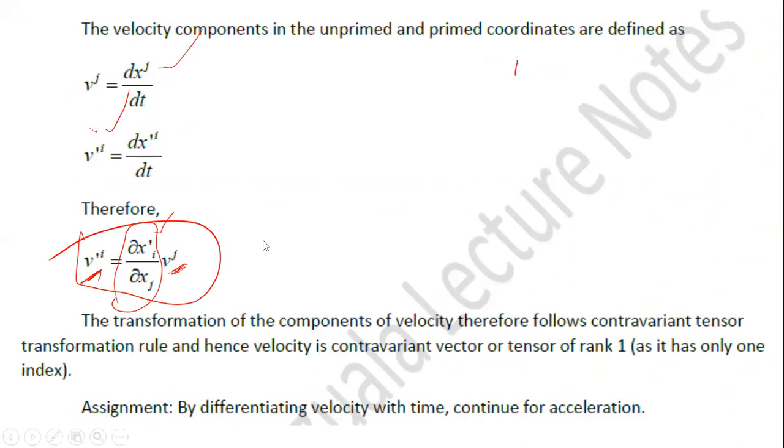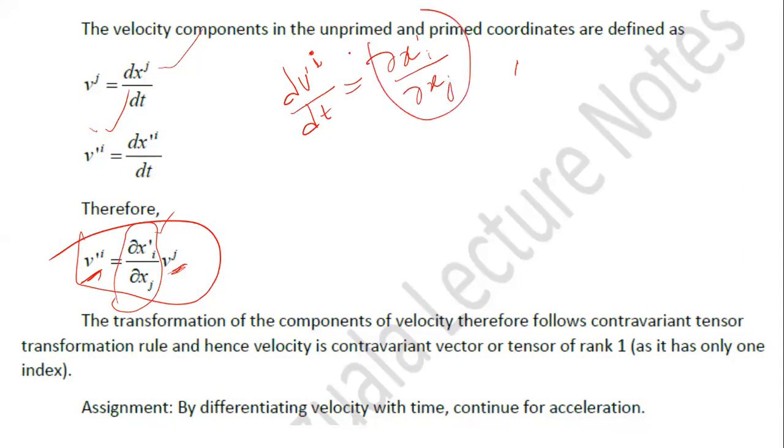Now, in order to obtain the transformation equation for acceleration, we know that acceleration is the differentiation of velocity, right? So again, we differentiate with time, also knowing the fact that the partial derivatives for direction cosines are independent of time.